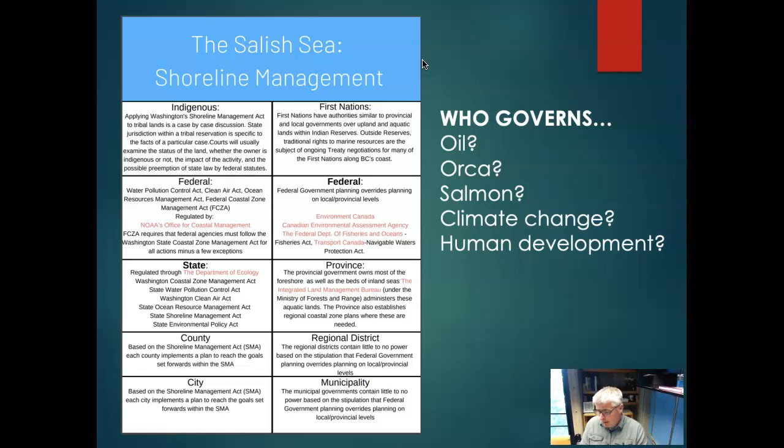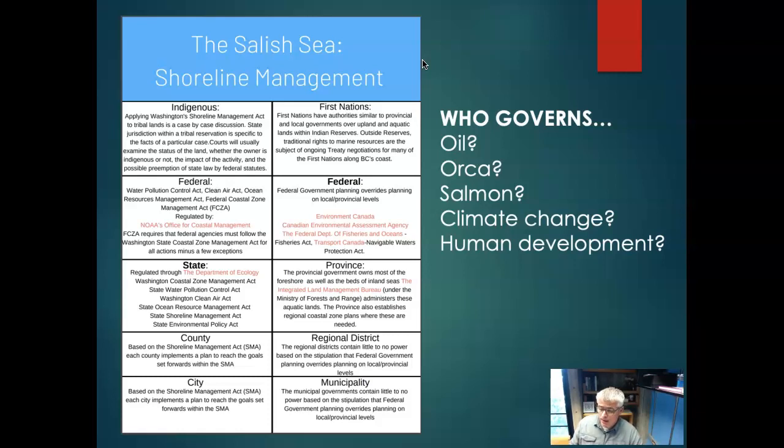In the state of Washington, actually the Department of Natural Resources, a state agency, is in charge of leasing and managing both tidelands and subtidal areas. So for fish farms, for example, salmon farms, the fish farm companies have to lease that subtidal land.